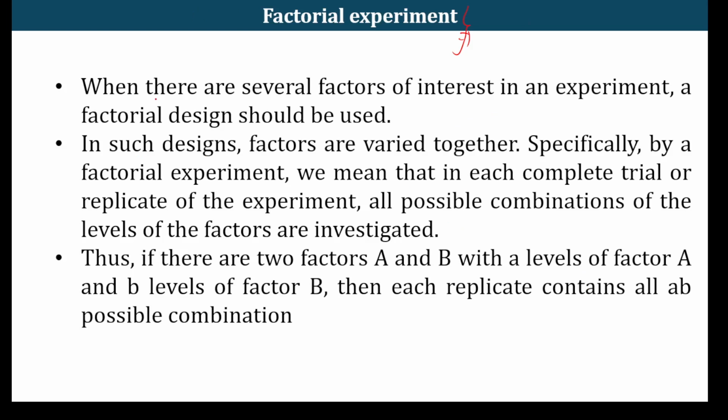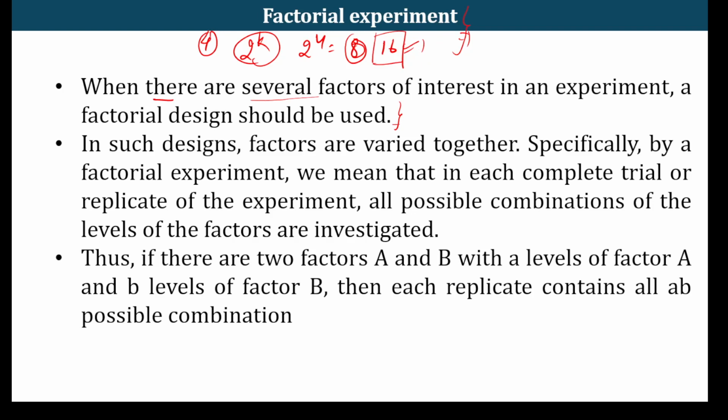When there are several factors of interest in an experiment, factorial design should be used. Let's say I have 4 factors. We don't know how many terms, but we have a formula, 2 to the power k. If you have 2 to the power 4, we have to do 16 experiments: 2, 4, 8, 16. So we need to do 16 repetitions of the experimentation.